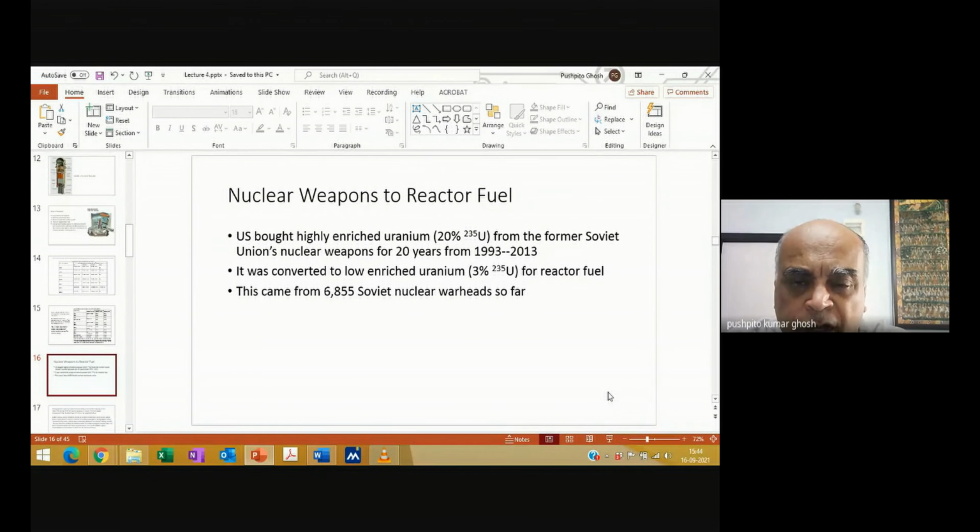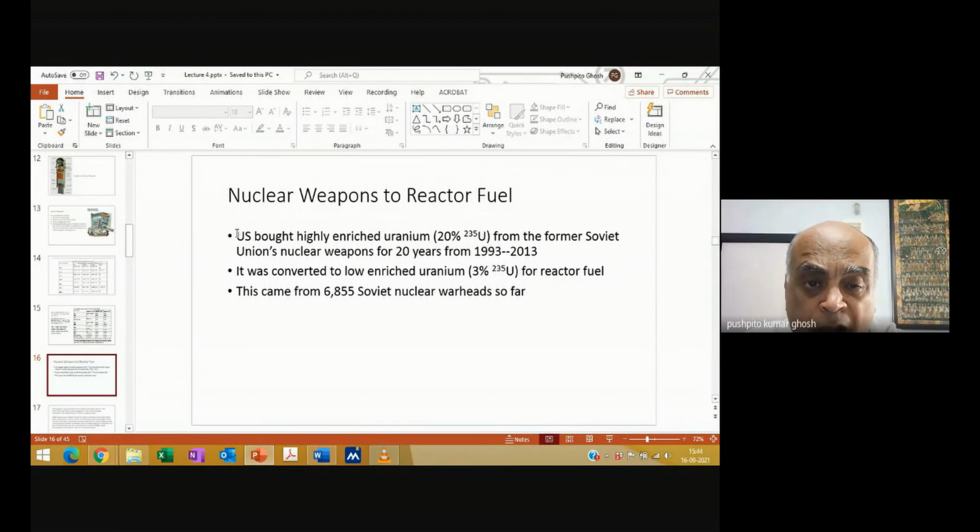for the nuclear reactors? Now Russia as such does not have too many nuclear power plants, so over something like a 20-year period they gave the United States 20% enriched uranium, and this was then converted into a more dilute form of uranium for nuclear reactors.